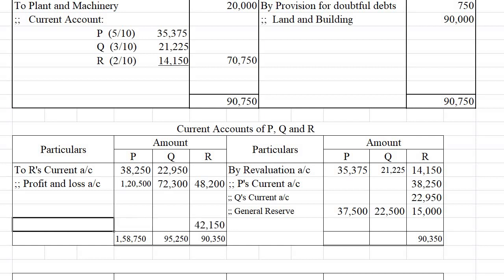That will be transferred to his capital account. So we have to write here to R's capital. So R's capital is written. Okay.